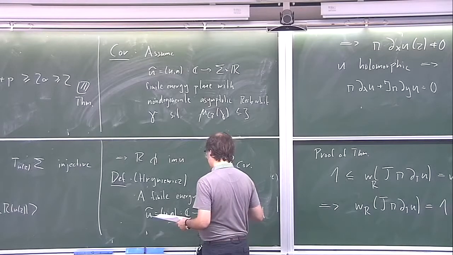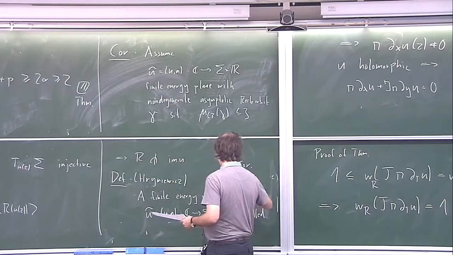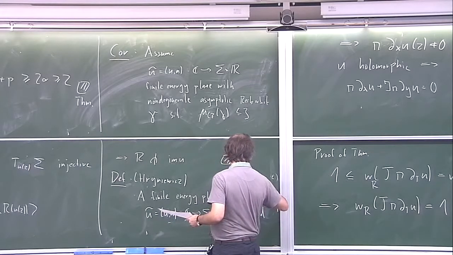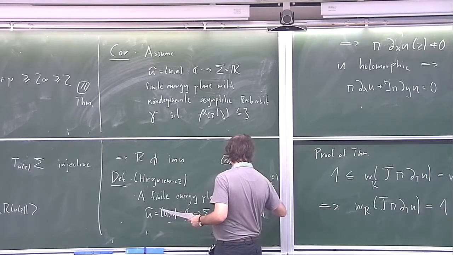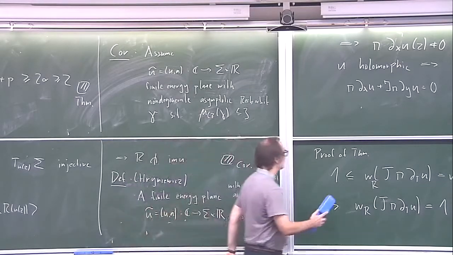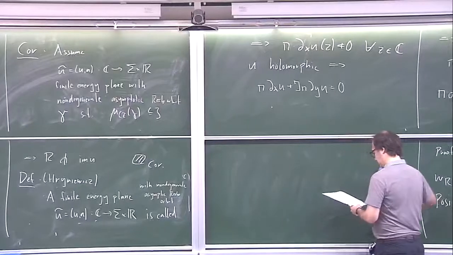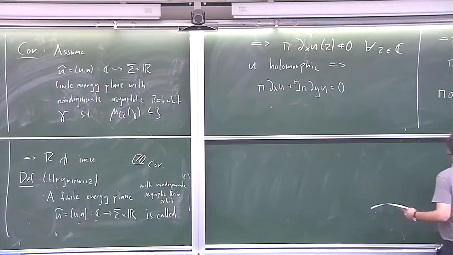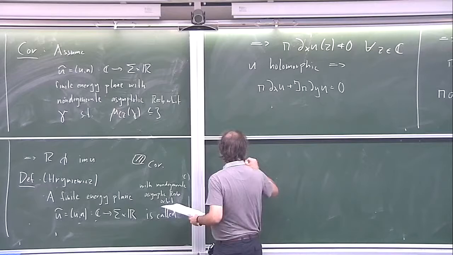Okay, so we should always have non-degenerate asymptotic limit, a non-degenerate asymptotic orbit.